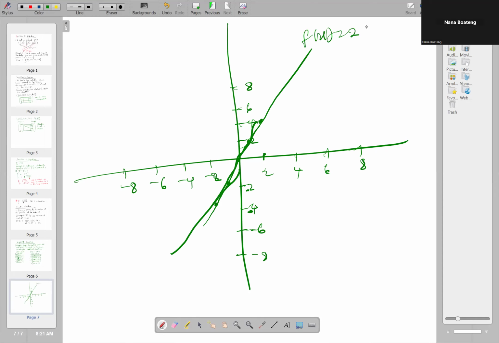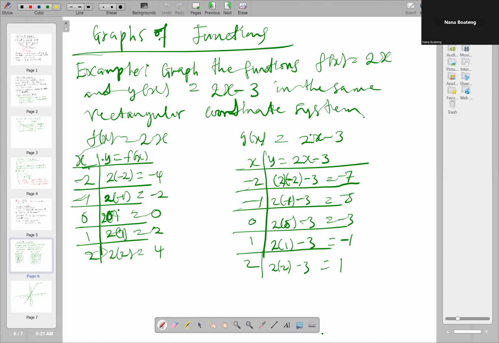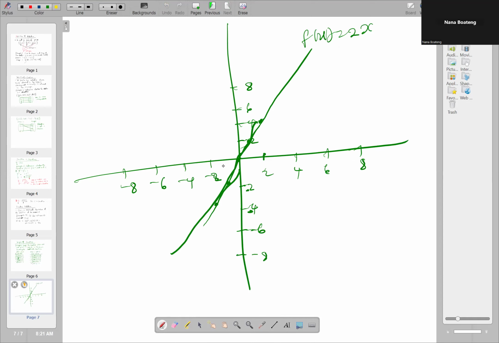is equal to 3x. Now let's look at the graph of g of x is equal to 2x minus 3. For that, the first pair of points is -2, -7, about here.